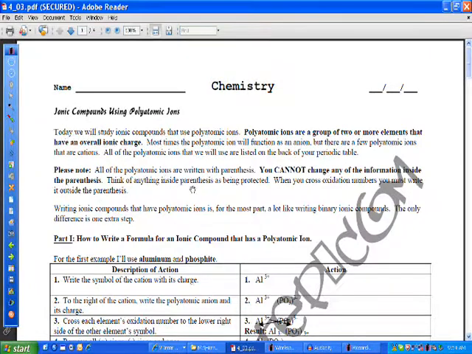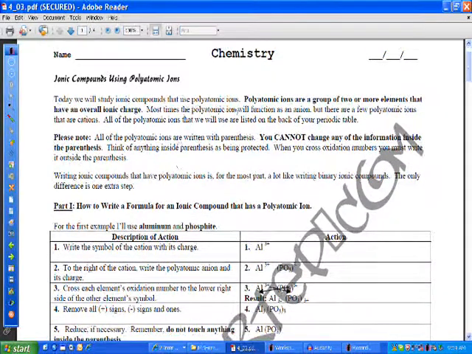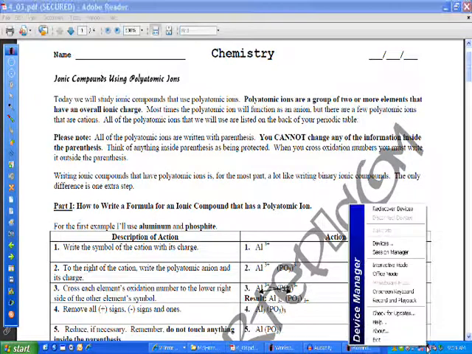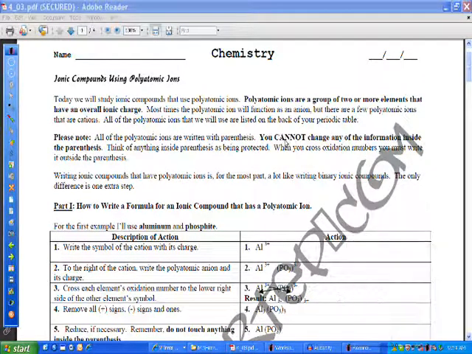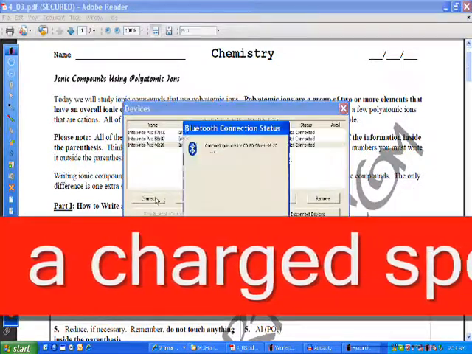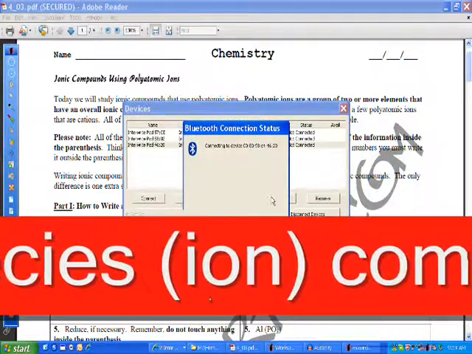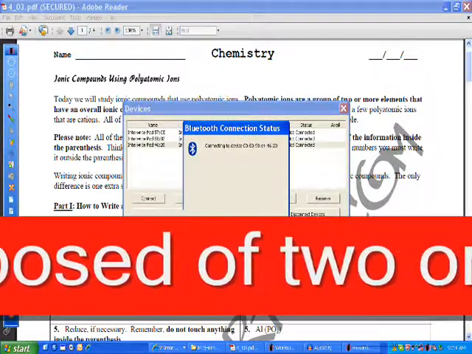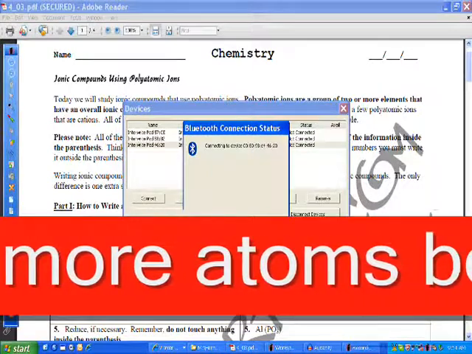Most times the polyatomic ion will function as an anion, but there are cation polyatomics, polyatomics with positive charges. Most of them are going to be negatively charged polyatomics.